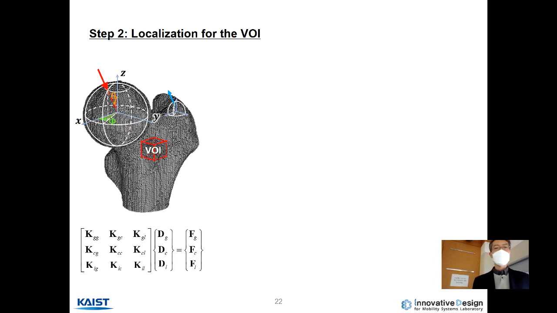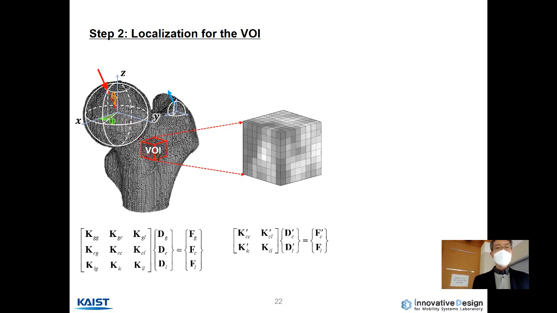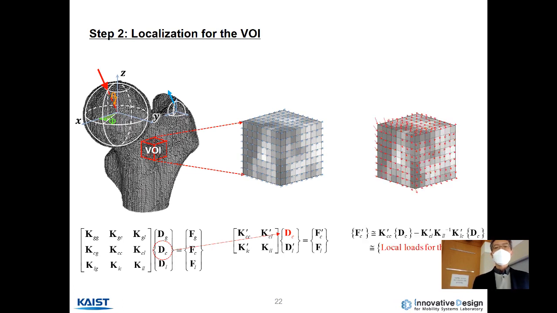Then we can construct this partitioned matrix. When we solve the full model, we can obtain the displacement field for the cut boundary. Then using this information, we can obtain the local load for the volume of interest.